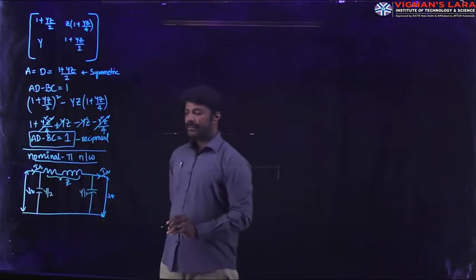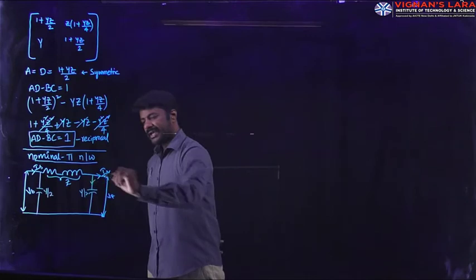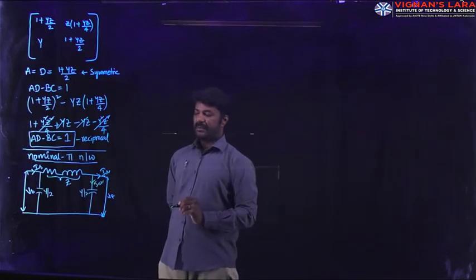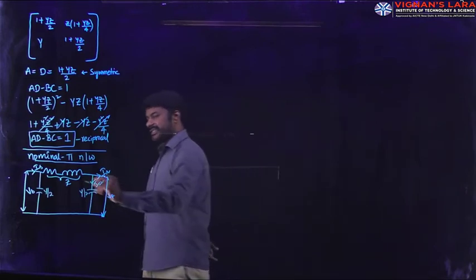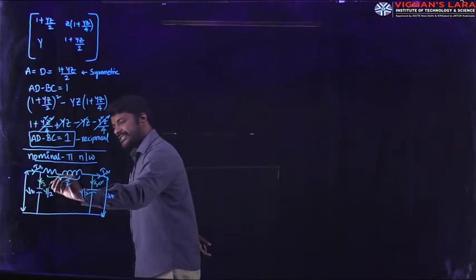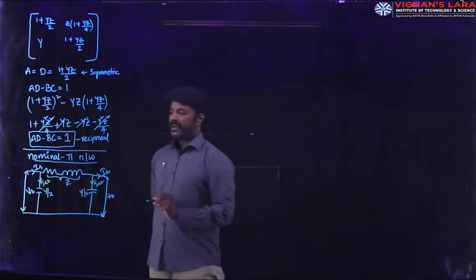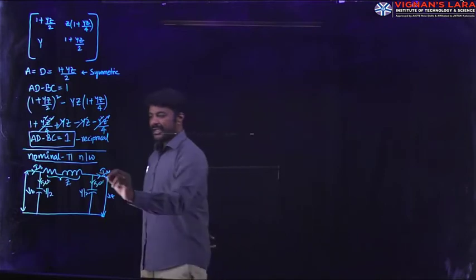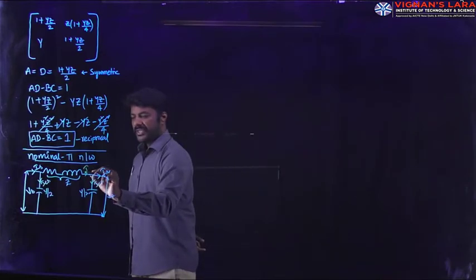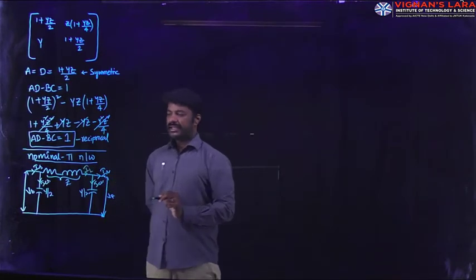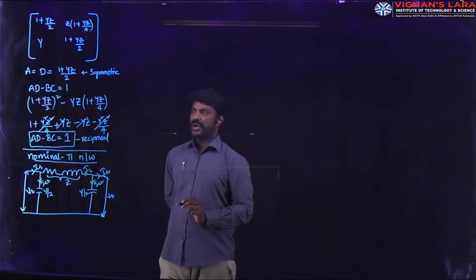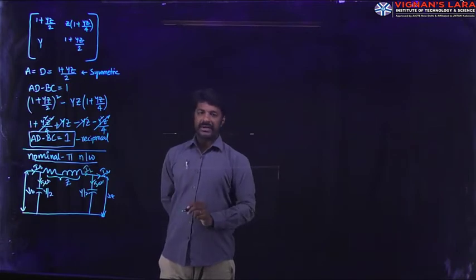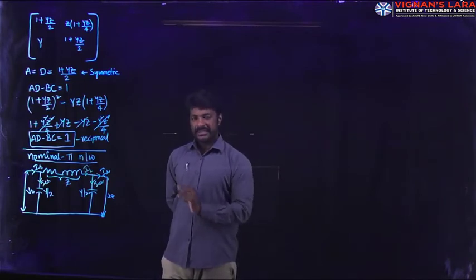The currents in them can be written as: this is the current ICR, capacitor current passing on the receiving end side, and this current is called ICS, capacitor current passing on the sending end side, and this current is called the inductive impedance current, IL. These are the various quantities that exist in this nominal pi method. For this nominal pi method also, we start our analysis from the receiving end side.